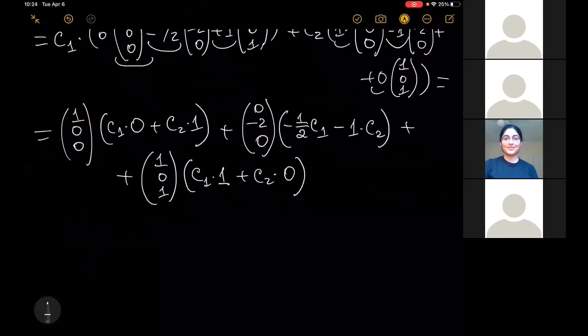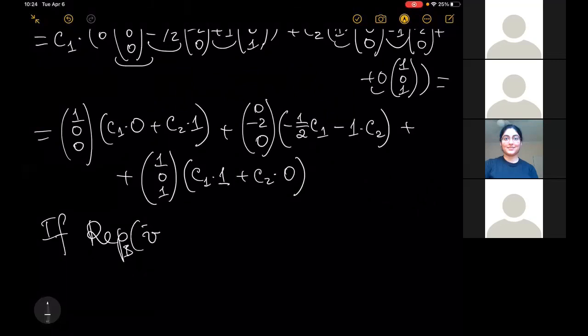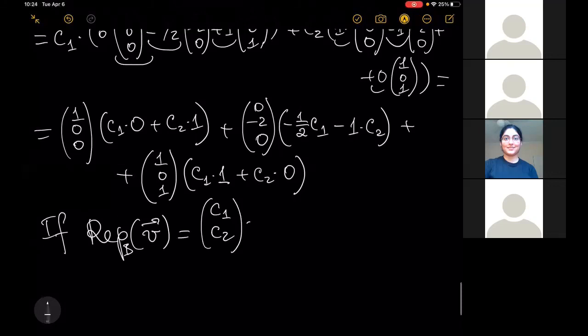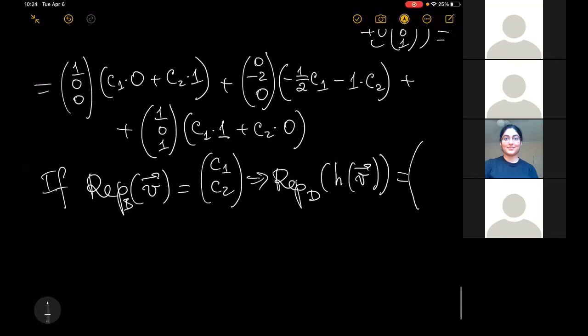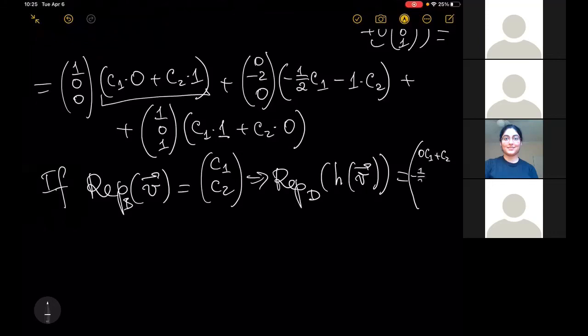So as a result, if the representation with respect to the basis B of my original vector was C1, C2, then the representation with respect to the basis D of the homomorphism applied to this vector will be 0, 0, C1, just from here, plus C2, -1/2 C1 minus C2, and here it will be C1 plus 0 on C2.